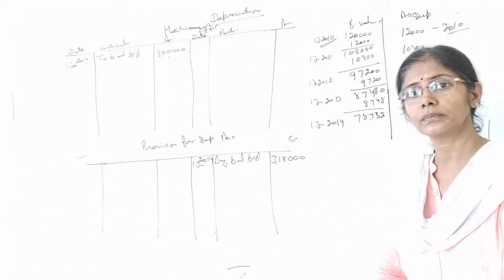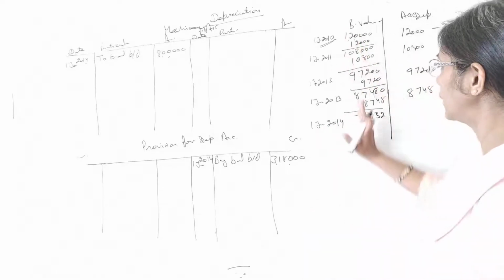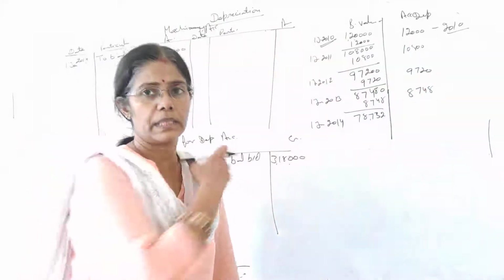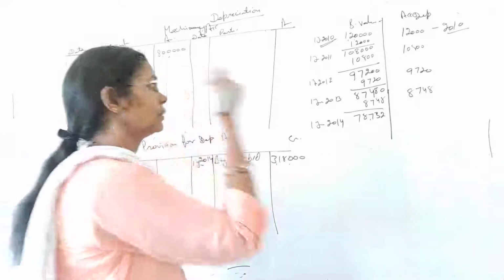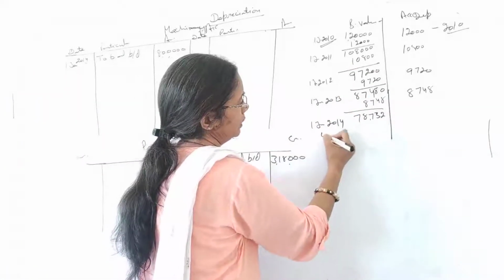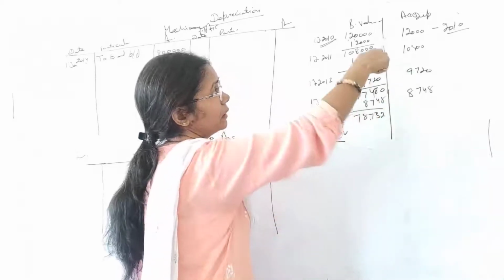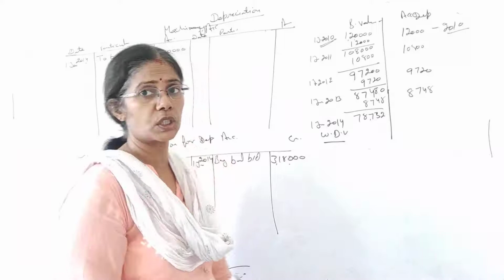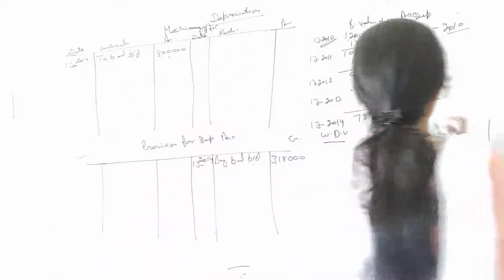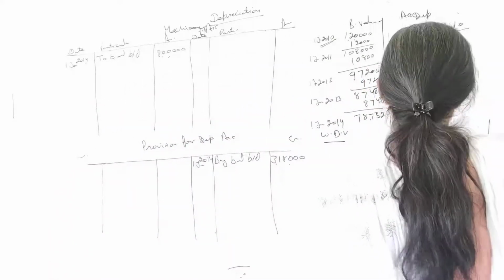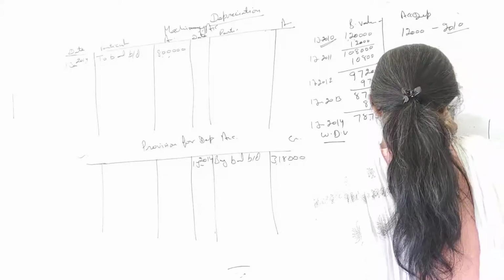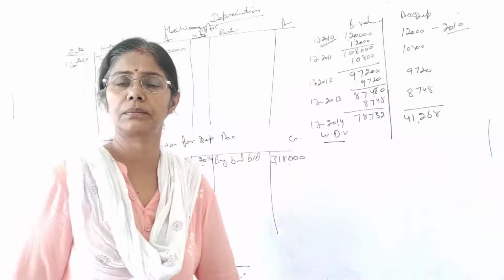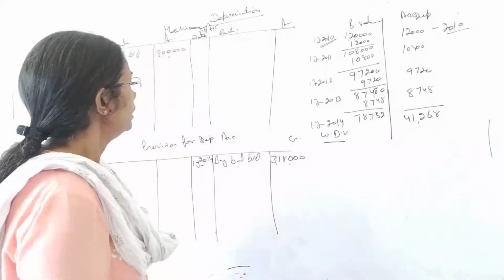Alright students. So here we have calculated the written down value of the machine which we are going to sell. Fine. So this is the written down value, and these are the depreciation of all 4 years. So we can total it, how much depreciation in total. So if we do the total, we find 41,268 is the total amount of depreciation. Alright. So what to do?